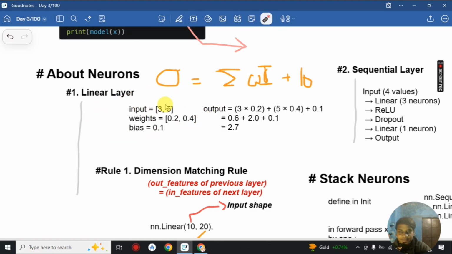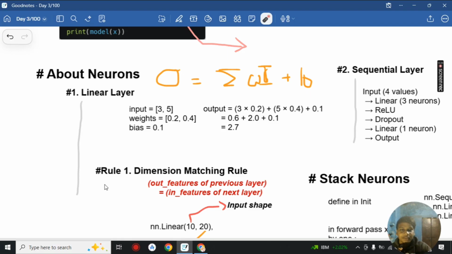First we multiply the values: 3 with 0.2 and 5 with 0.4, and then we sum them together, and then we add the bias. This is a simple linear layer and will be useful in pure regression and pure classification tasks. It's a very simple layer.